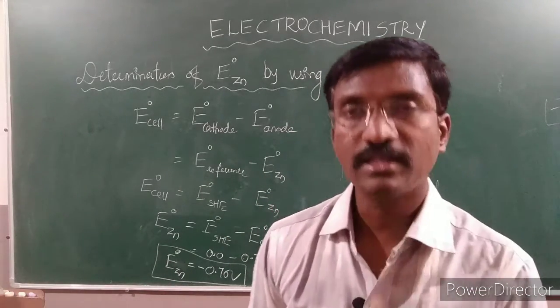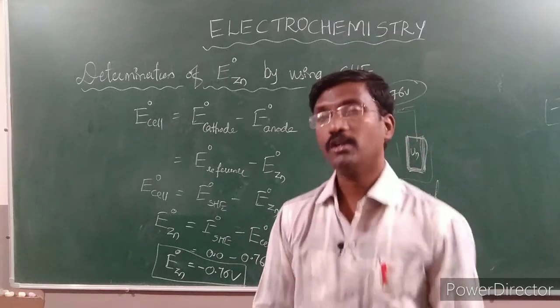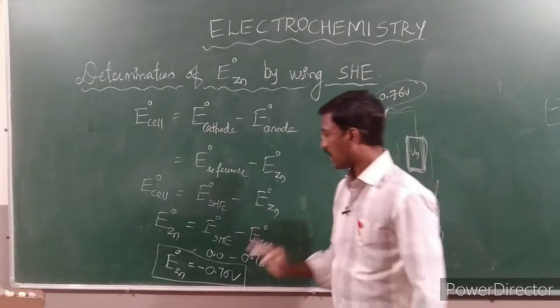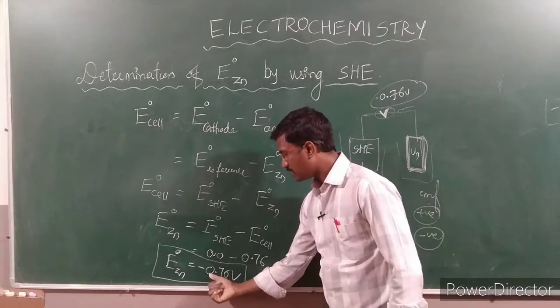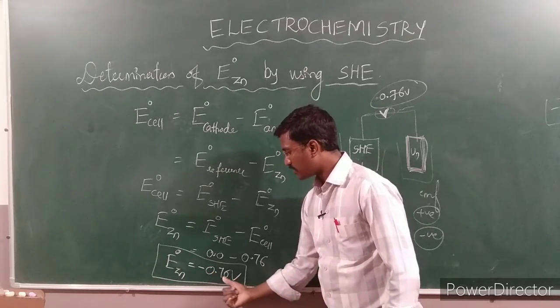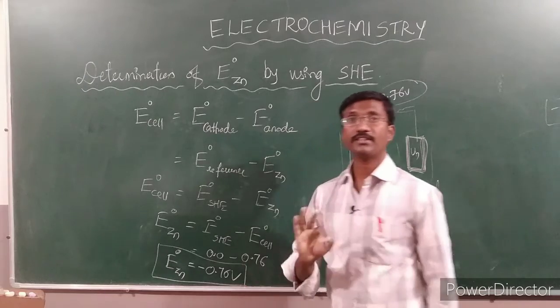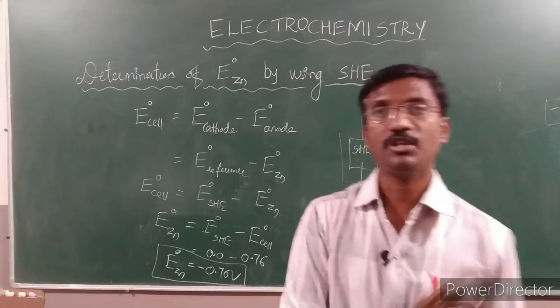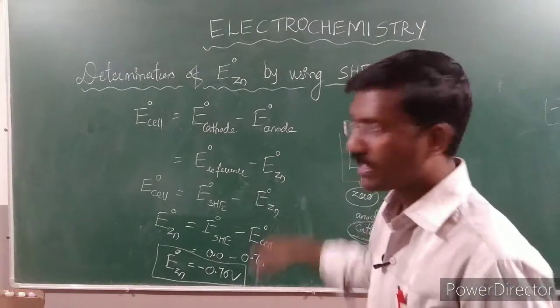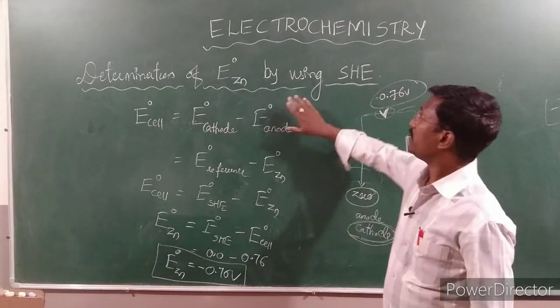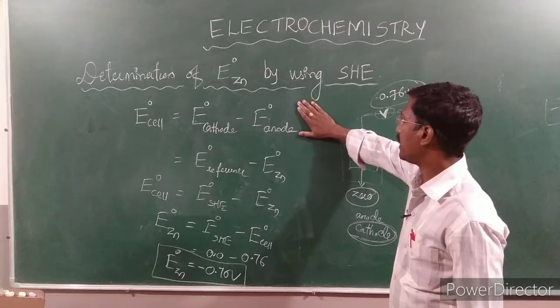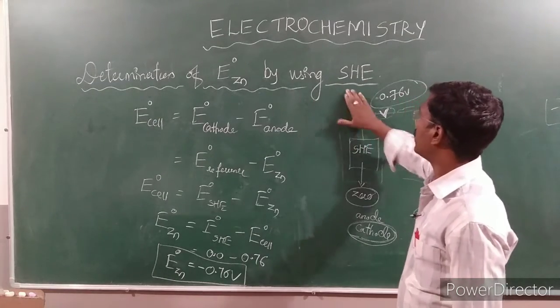Whenever we use zinc as an electrode, that zinc electrode has an electrode potential of minus 0.76 volt. This is a fixed value, it does not change, since it is an experimentally determined value. Are you getting my point? This is about the determination of the standard electrode potential of zinc by using the SHE.